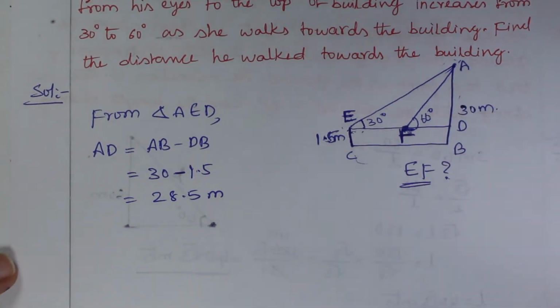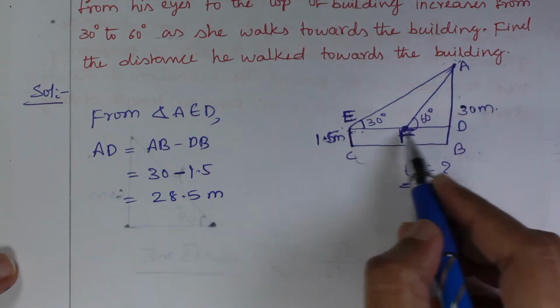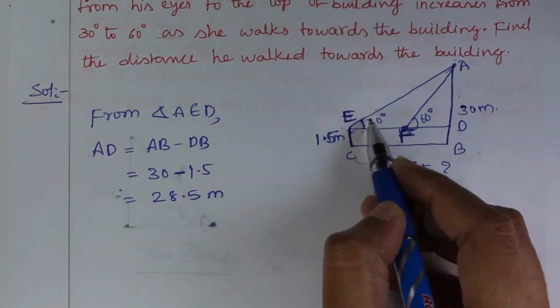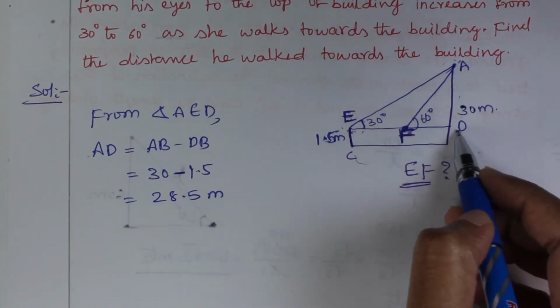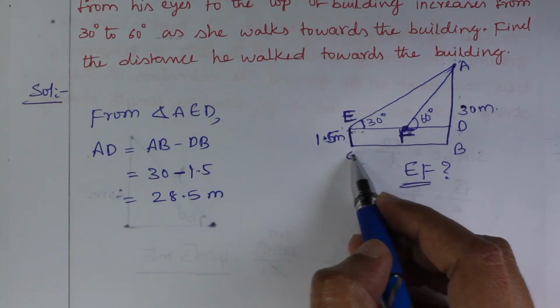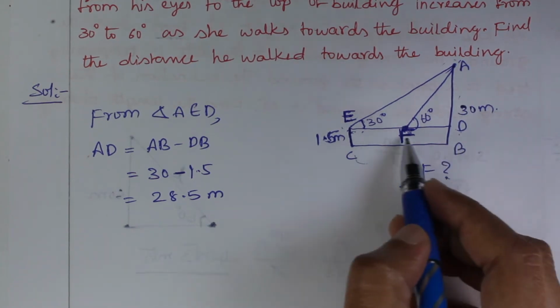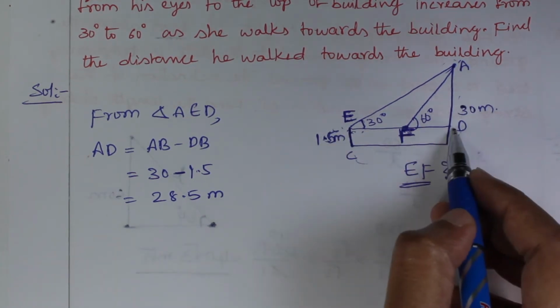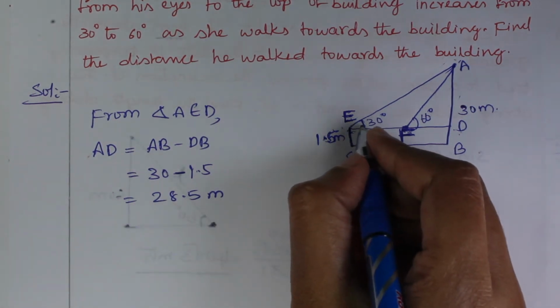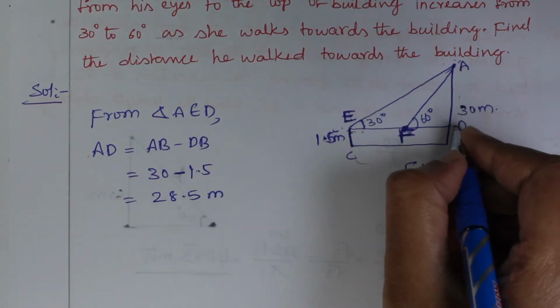Now let's look at the triangle AED. We know AD and we know the angle 30 degrees, that is the opposite side to angle 30 degrees, and we have to find out CB, that is ED. So ED becomes, we know the opposite side and we have to find out the adjacent side.